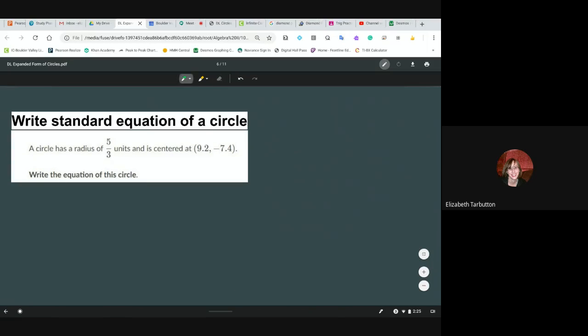So for this particular circle, we can write x minus 9.2 squared plus y plus 7.4 squared equals 5 over 3 squared.